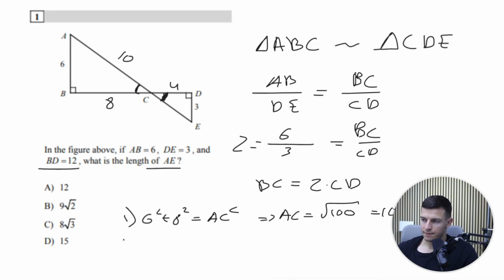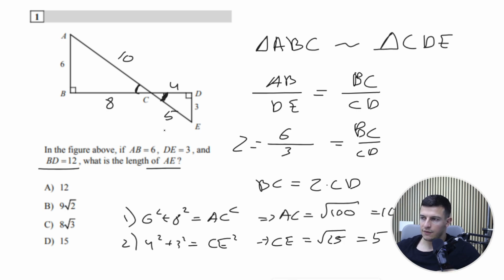And for the second one, 4 squared plus 3 squared is equal to CE squared, so CE is square root of 25, which is 5. So CE is 5, AC is 10, which means AE is the sum of them: 10 plus 5, that's going to be 15.